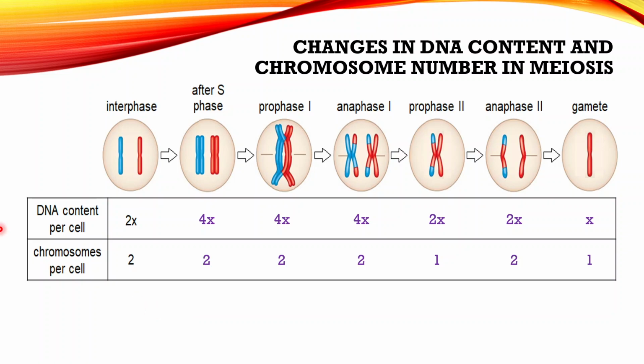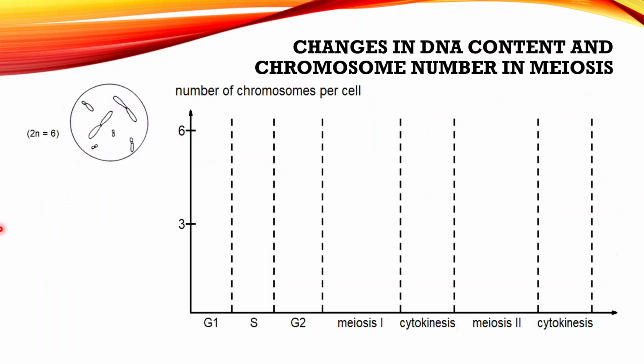Right, okay? Then there will be a second question. Given this cell with 3 pairs of homologous chromosomes, or 2n equals 6, what would be the changes in the number of chromosomes per cell during the whole of meiotic cell cycle? So G1, no change, 6 chromosomes in total. S phase, there's double the amount of DNA, but the number of chromosomes stays the same as we have discussed earlier.